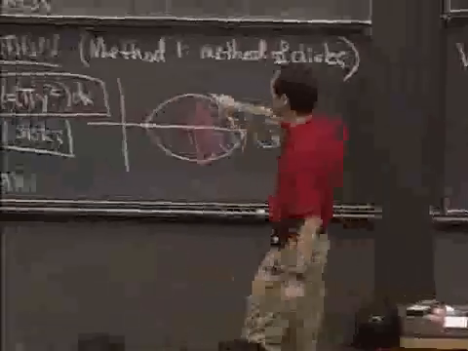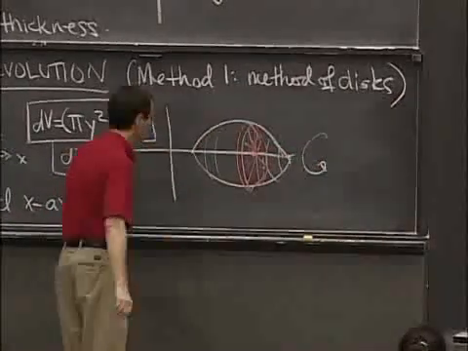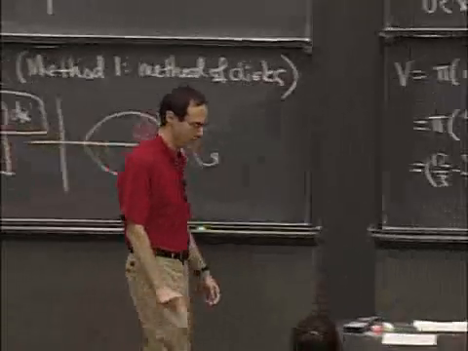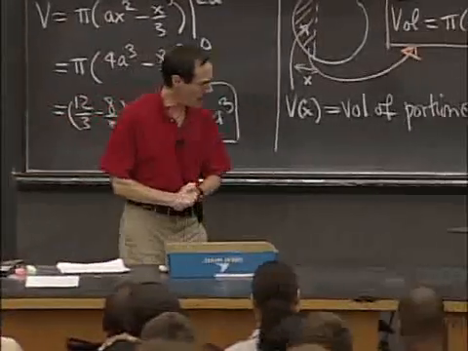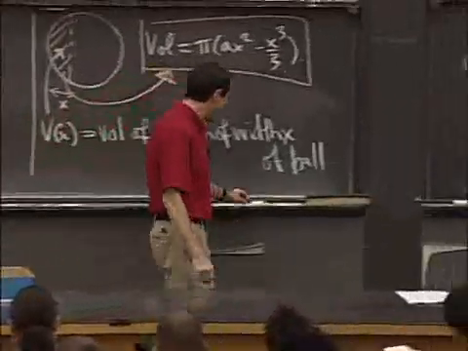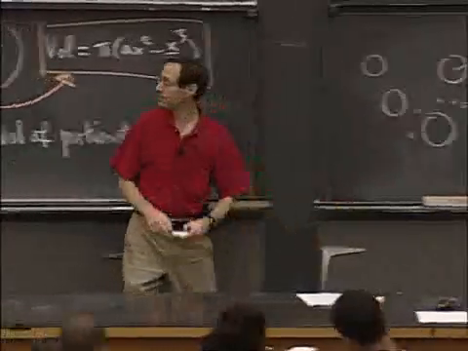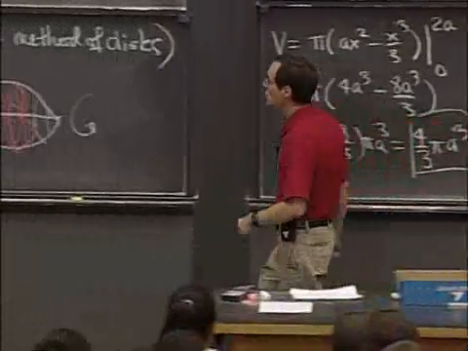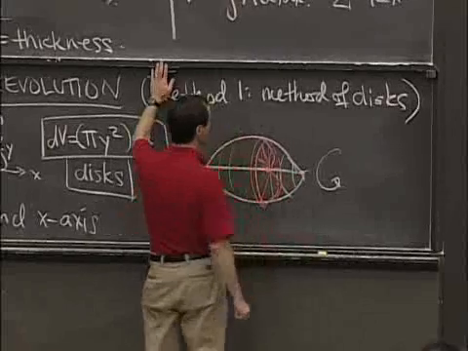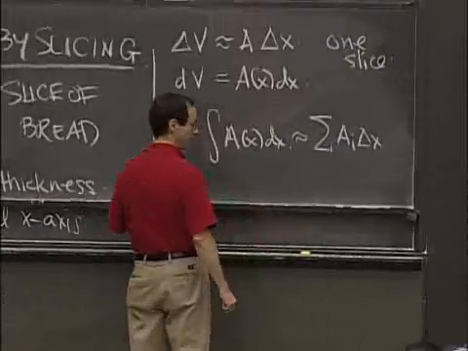I called this method 1 for solids of revolution, which is called the method of disks. And now I need to tell you about the other standard method, which is called the method of shells.